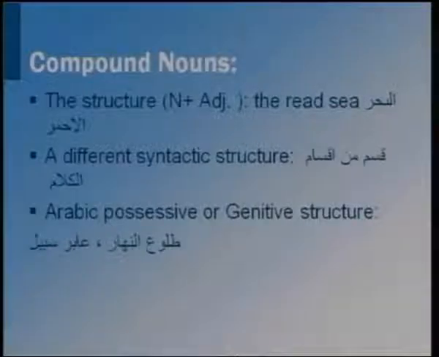We have compounds consisting of noun and adjective in Arabic, like البحر الأحمر, Red Sea. You have noun plus adjective. You have the Arabic possessive or genitive structure, like طلوع النهار, عابر سبيل.